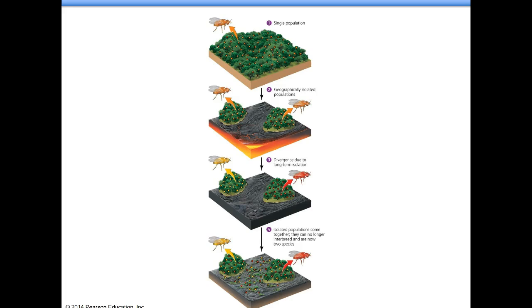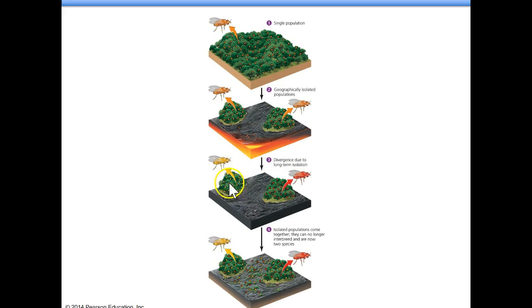So we're looking at fruit flies right here, and fruit flies are very weak flyers. They can become very isolated so that they can live only in one specific area. And over the centuries, we see that the populations have accumulated their own independent set of genetic changes.